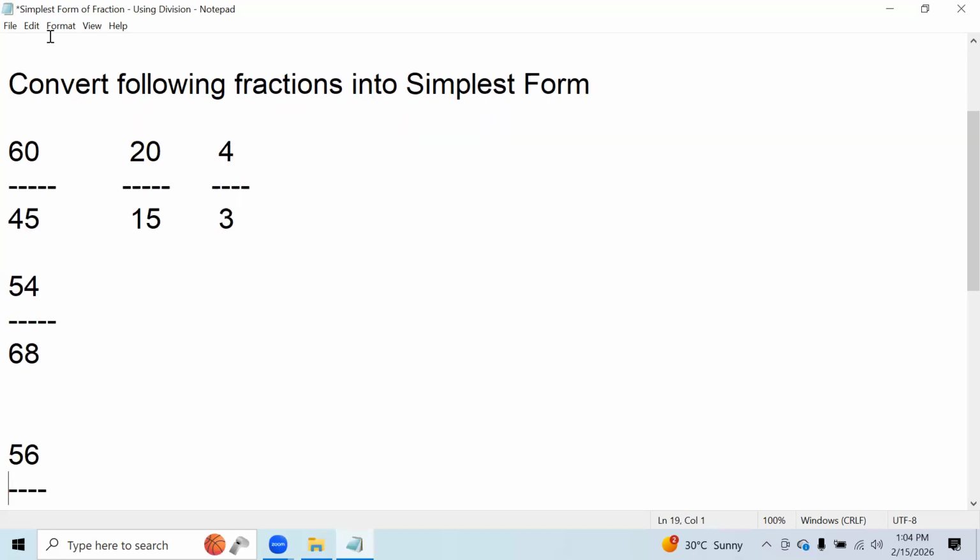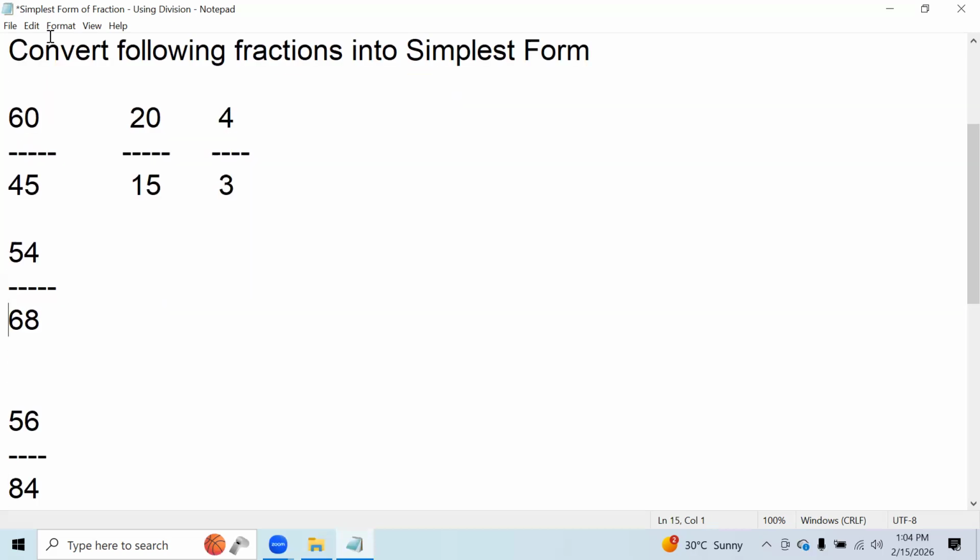Let's look at the next fraction, 54 upon 68. Here both the numbers are even, so we can just divide by 2. Whenever any number is even, it's divisible by 2. So divide 54 by 2. 2 2s are 4, 1 remaining, 2 7s are 14. So that becomes 27. 68: 2 3s are 6, 2 4s are 8.